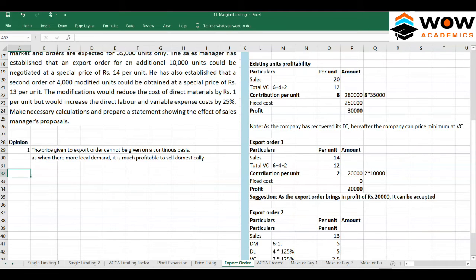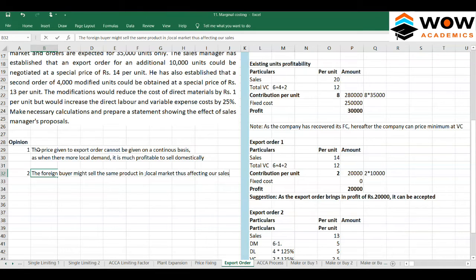The second point would be the foreign buyer might sell the same product in the local market, thus affecting our sales.